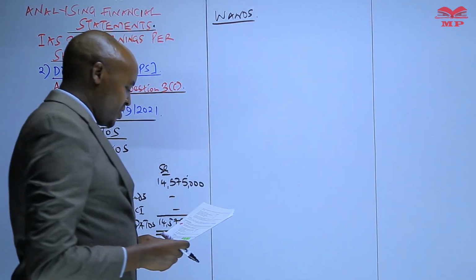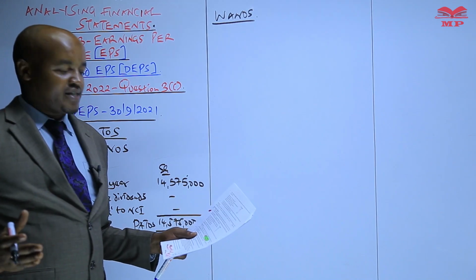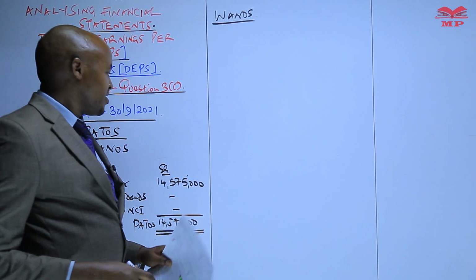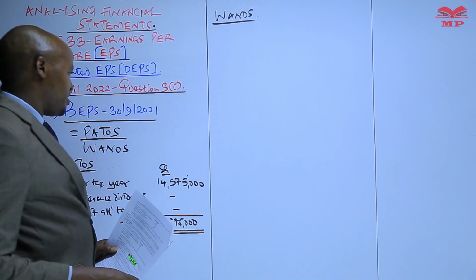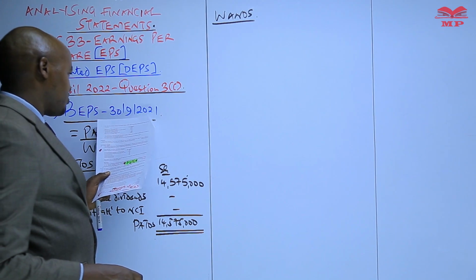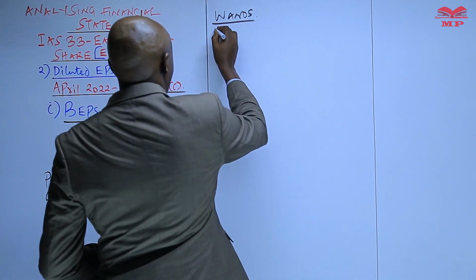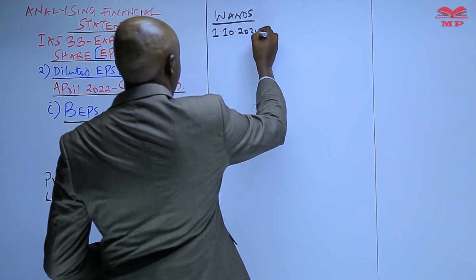So how do we compute this? We compute this by taking into account the ordinary shares issued and fully paid at the start of the year, plus the other shares which were issued by the company during the current year. We can see this year was ending on 30th of September 2021. It means that this year started on 1st of October 2020. So we need to determine how many ordinary shares were issued at the start of the year, 1st of October 2020.